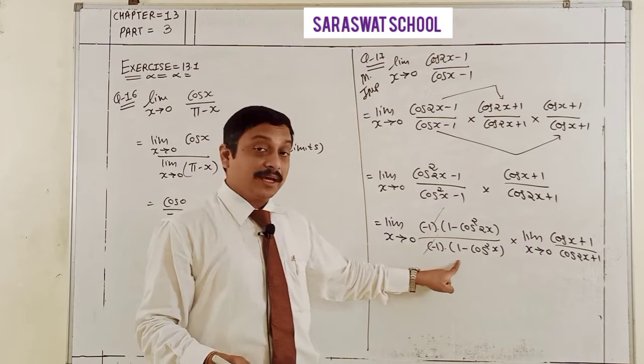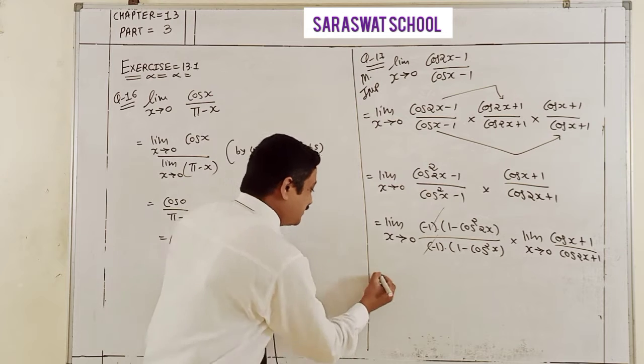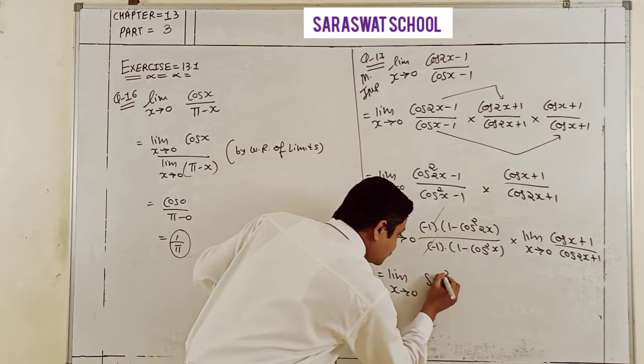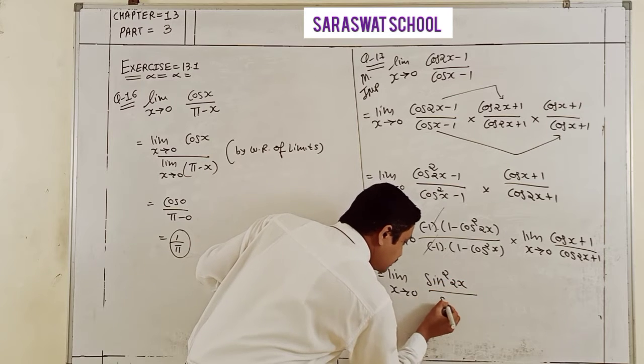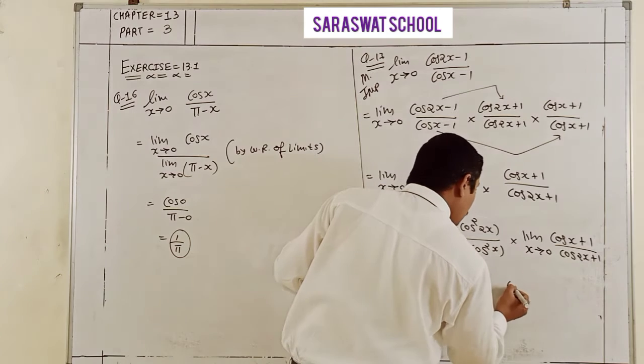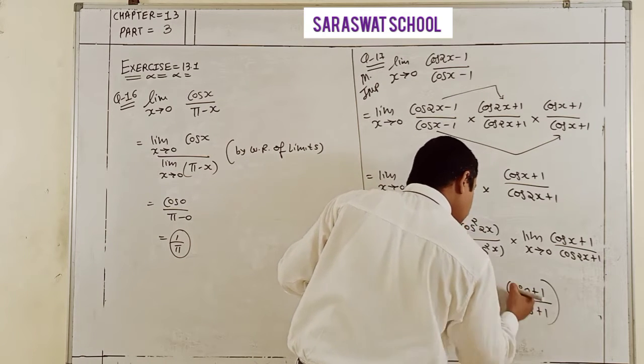Now 1 minus cos square x is indirectly sin square x. So limit x tends to 0, sin square 2x below, sin square x. And for the other limit apply: cos 0 plus 1 by cos 0 plus 1.